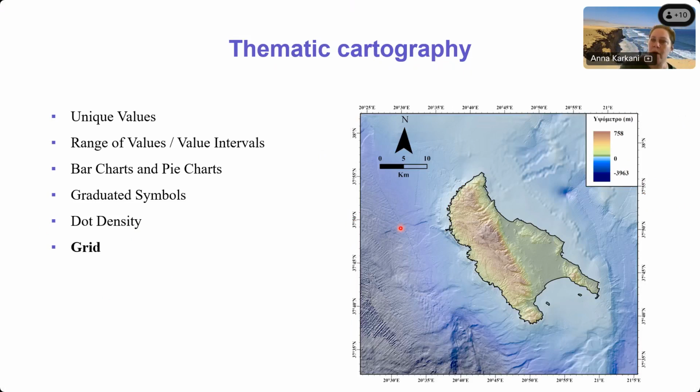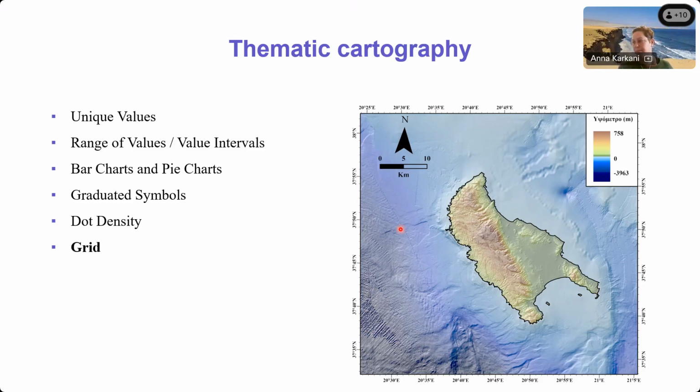And then there is what we call grid thematic cartography, which has to do with continuous data that are usually represented through color gradients. So this is what you see here, and we will see such examples later on in the next few weeks.